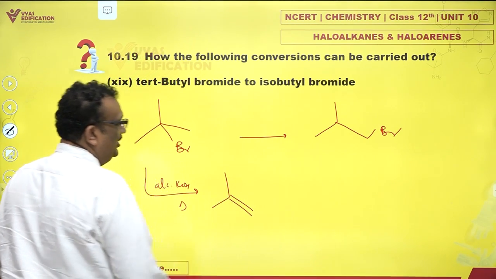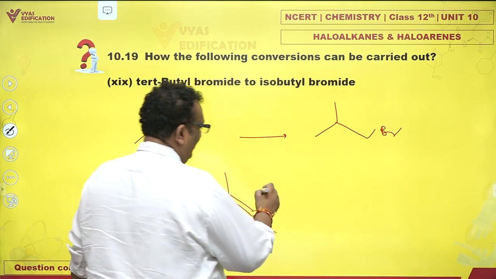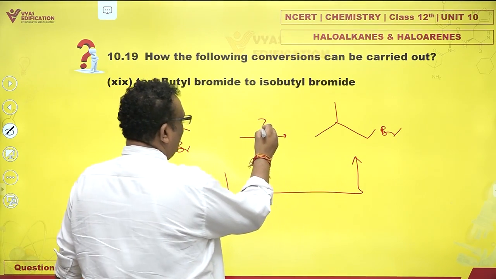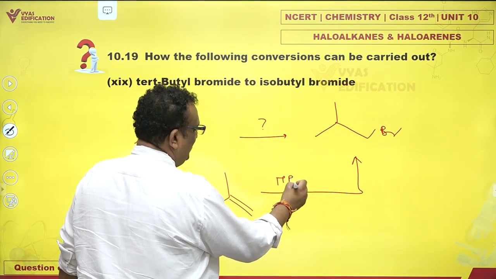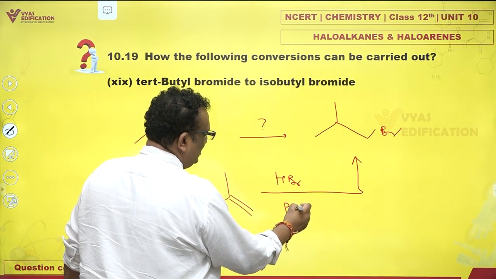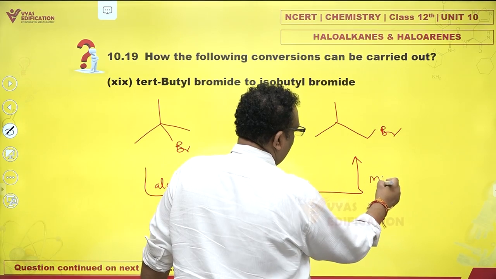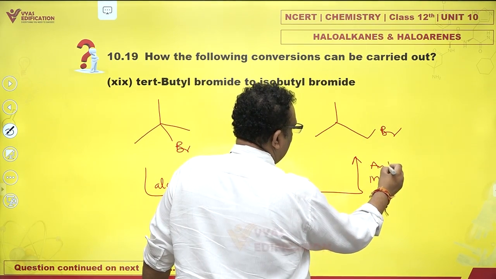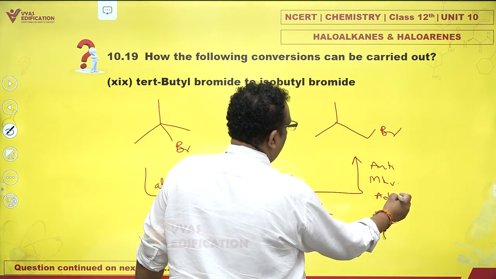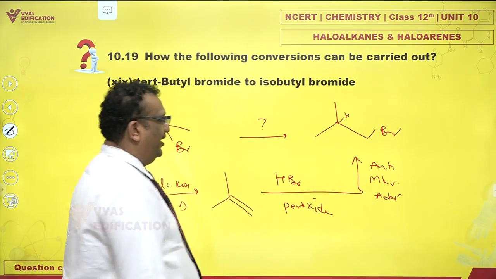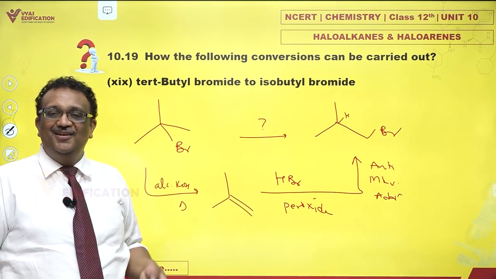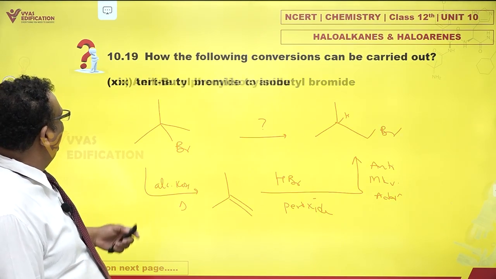You get isobutylene. And then, come on, tell me this. Add HBr, anti-Markovnikov addition, in presence of any peroxide like benzoyl peroxide. This is HBr addition like this, and you get isobutyl bromide.